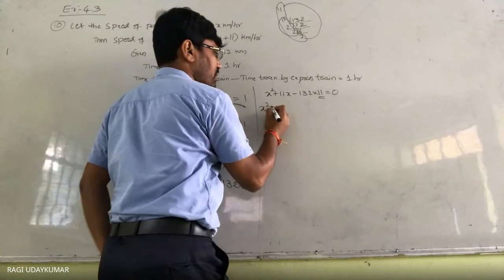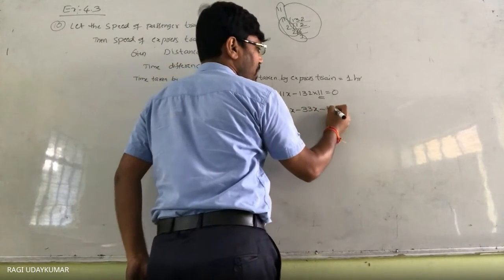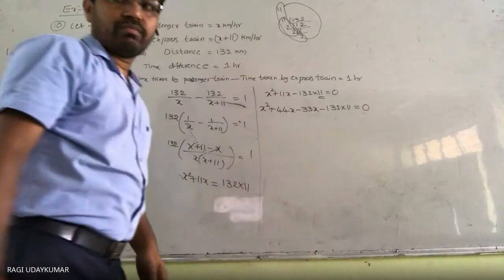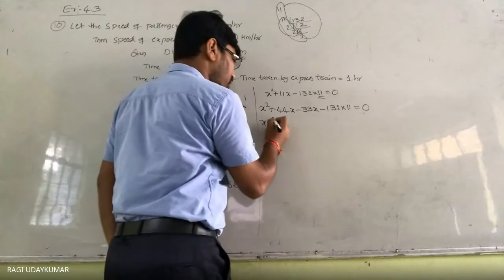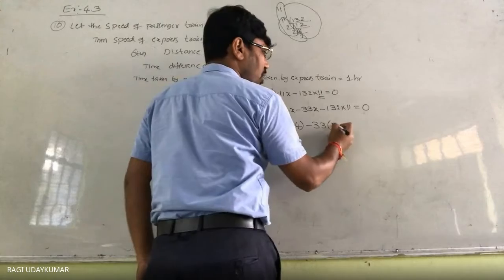So x square plus 44x minus 33x minus 132 into 11 is equal to 0. If you take x common, x plus 44, and minus 33 common.